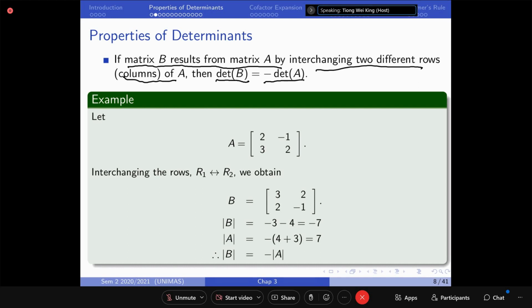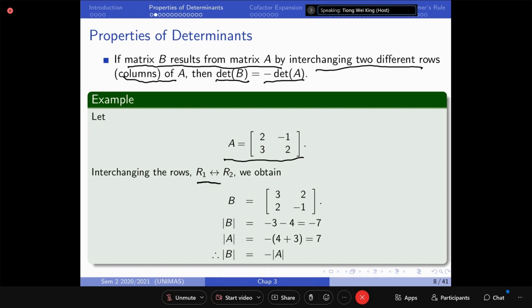Okay, so meaning if you swap any two rows or any two columns, then the determinant of the new matrix is equal to the negative determinant of the old matrix. Let A be given by this.